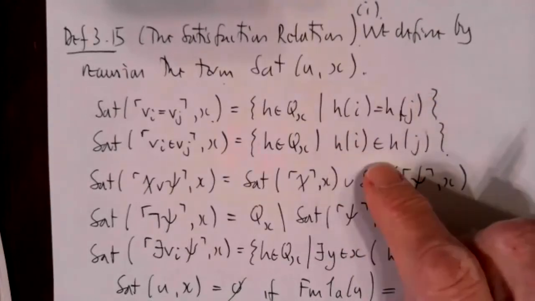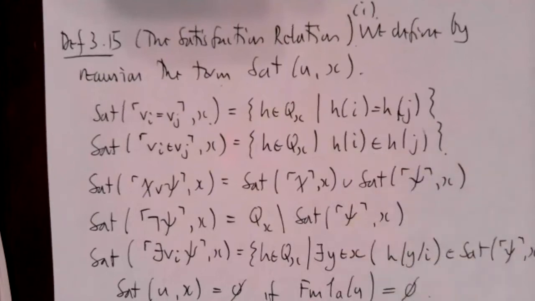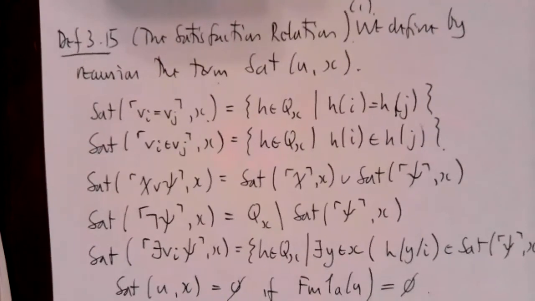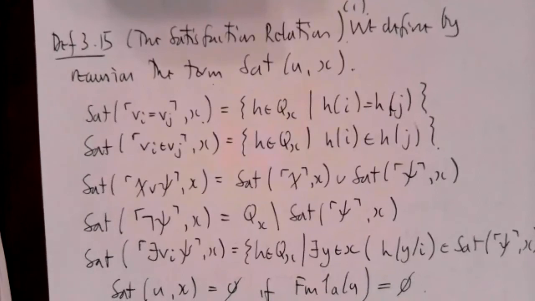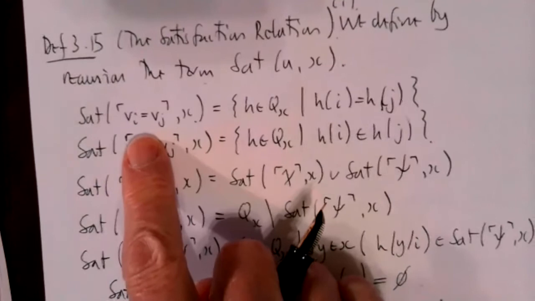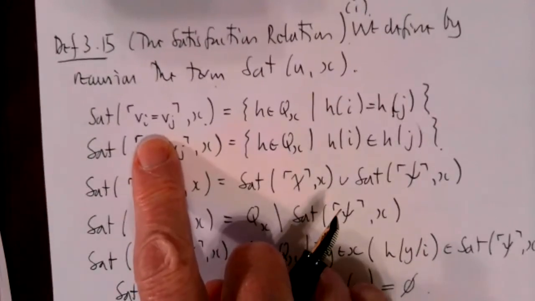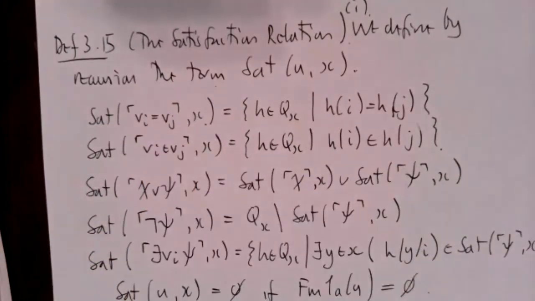So you're going to need assignment functions if you're going to define truth or falsity of sentences in this inductive way on its components. Because, of course, the components of a sentence needn't be sentences. This atomic formula is not a sentence. It's got VI and VJ free. But this could be a component of a sentence.